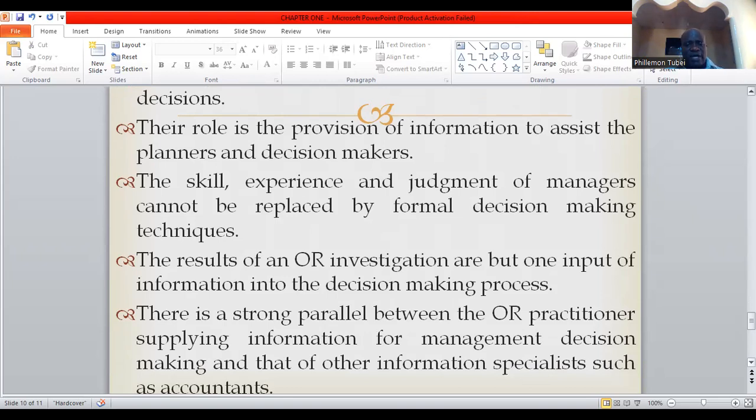There is a strong parallel between the operation research practitioner supplying information for management decision making and that of other information specialists such as accountants. Yes, fine, we are going to get information from operation research. That's okay.